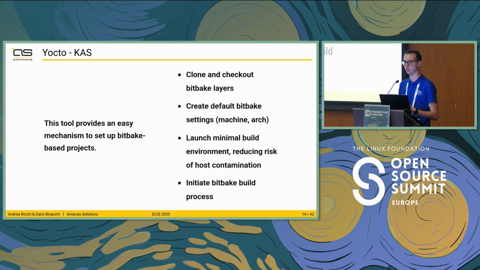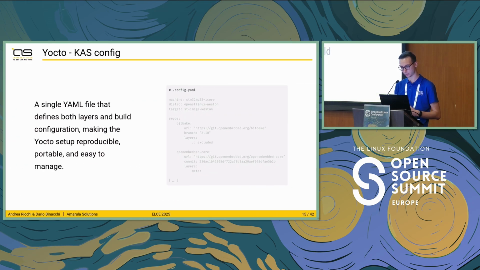And by combining the power of Yocto with the simplicity of Kas, we ended up with a single YAML file that looks like this. So we have our YAML file. Of course, we define our machine, distro, and target the same way that we defined in the config file before.